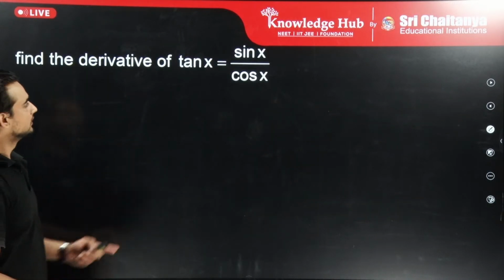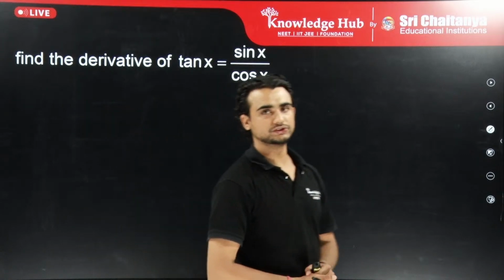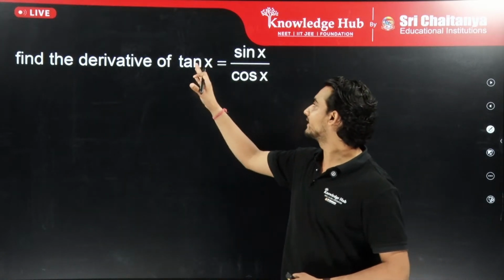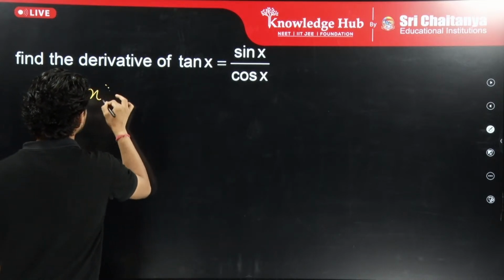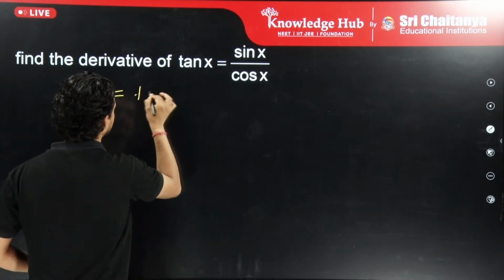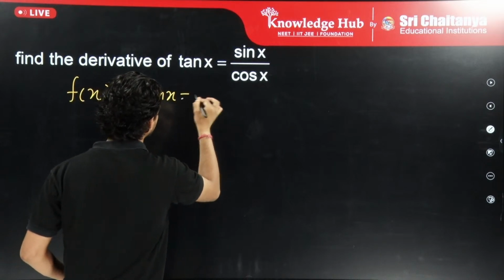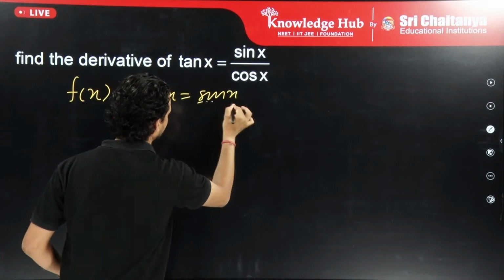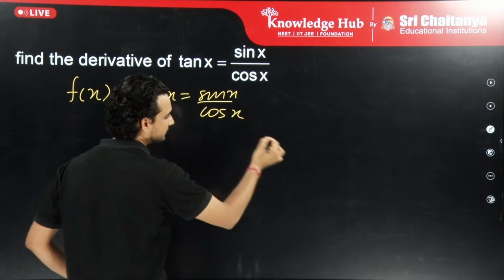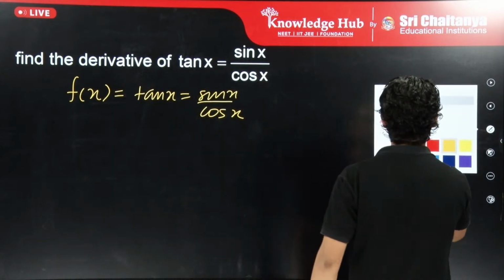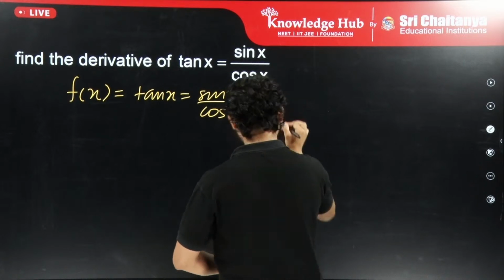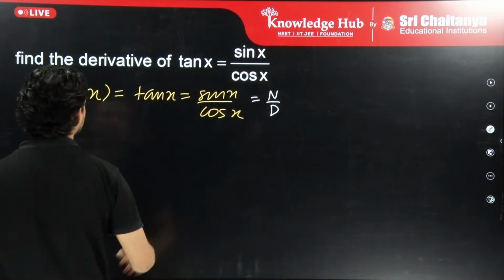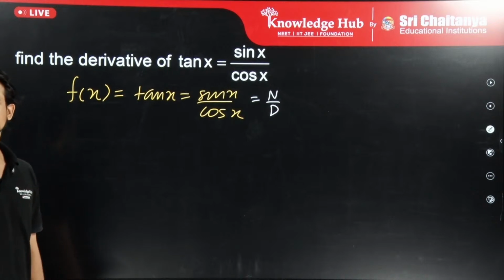Let's look at this question. So tan x, my function f(x), is basically tan x, and I can write tan x as sin x upon cos x. So this is my first function, that is my numerator, and I have my second function, this. So let's differentiate this function.